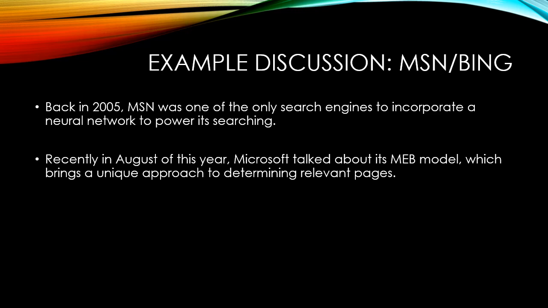What MSN Search was doing is having it learn from the inputs given to it. The search engine could be told that a website is authoritative, so when the user performs a search and goes to that site, the search engine can learn why it's considered authoritative. And it can then apply that learning to other sites that might also be authoritative.